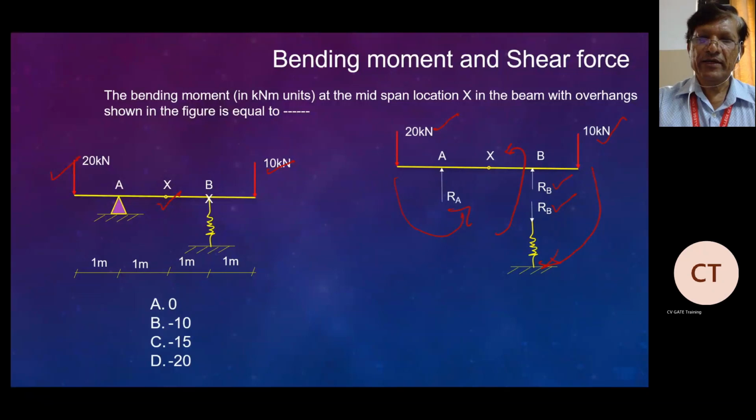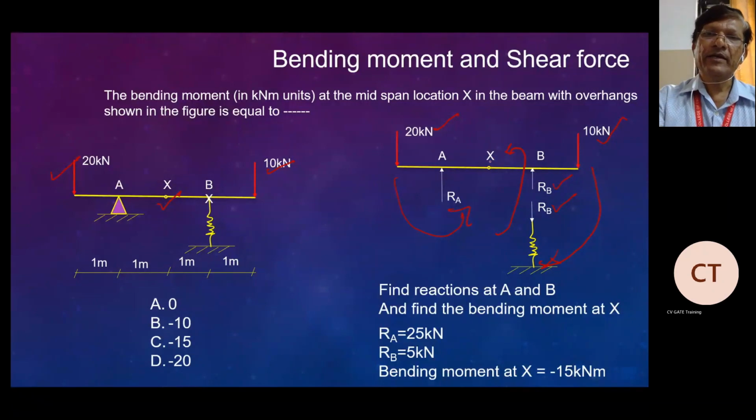Once you know RB and RA, bending moment can be calculated at this point. Taking either the left side or right side, 20 into 2 meter minus 25 into 1, that will give 15 kilonewton meter. So option C is the correct one.